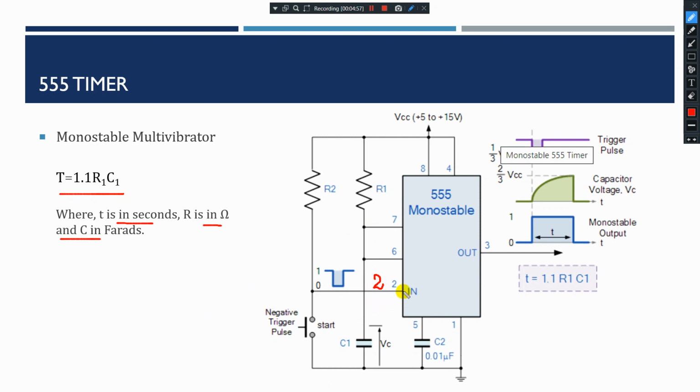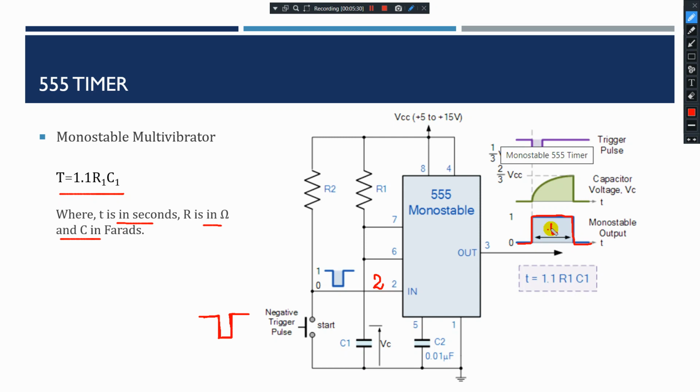As you can see here, the pulse is given to pin number 2. The pulse is nothing but a negative pulse, a high to low pulse. Until this switch is on, your output remains 0. When one particular pulse is given to pin number 2, your output goes from 0 to 1, and it will be stable for a particular duration.